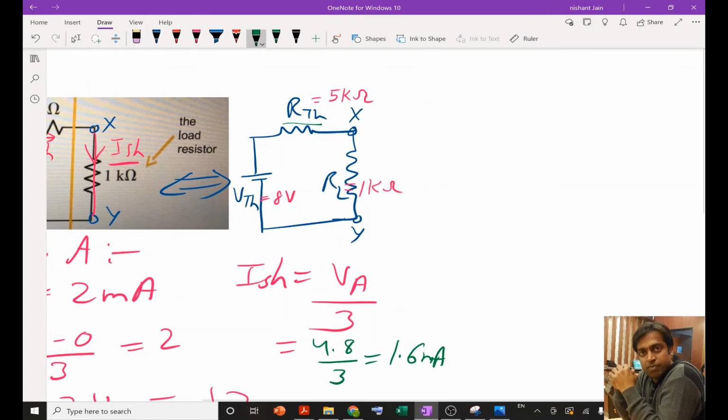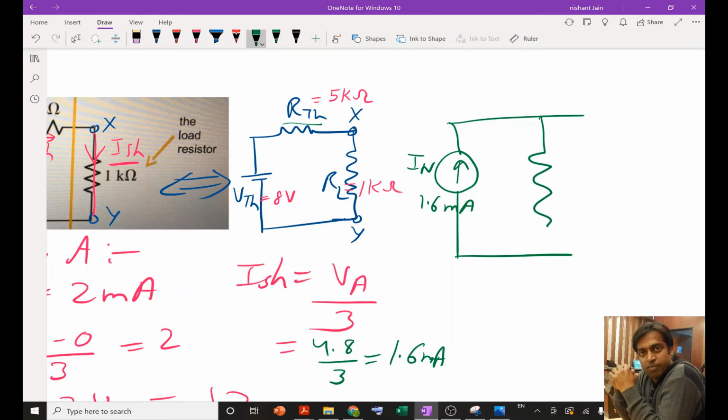So now if I want to draw the Norton equivalent circuit, then my current IN will be equal to this 1.6 milliampere. I will have one resistor in parallel. This will be the Norton resistance, and since the rules we use to calculate the Norton resistance are exactly the same as those used to calculate the Thevenin resistance, our RN should be equal to RTH.